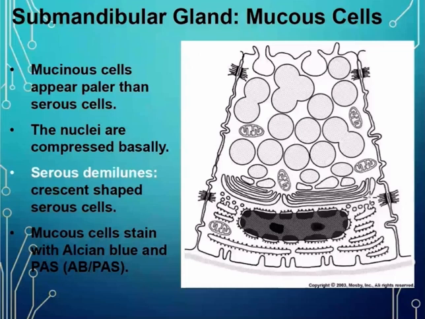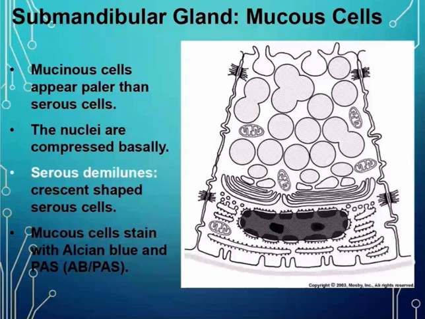In the serous, we have dark staining and granular acini, but here the mucus acini are more pale since they have mucin content. So they don't take up the routine stain, hematoxylin and eosin. In addition, the nuclei tend to be compressed into the basal part of the cell.